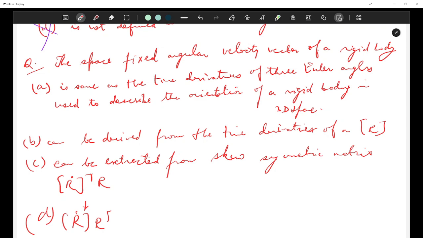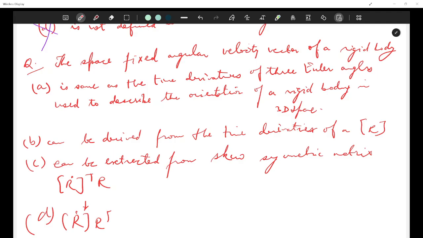So let's see this. We first want to know what the difference is between space fixed and body fixed angular velocity. That is the first thing. And then which skew symmetric matrix actually corresponds to which angular velocity. And you should have a conceptual understanding of why Euler angle derivatives are not angular velocities.